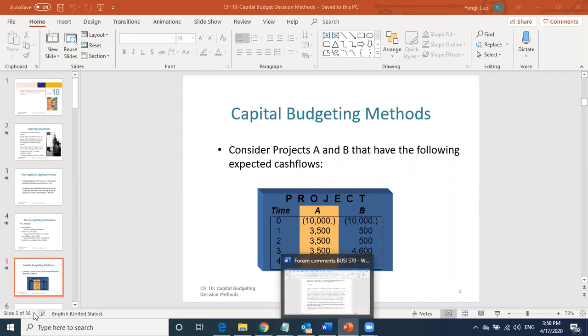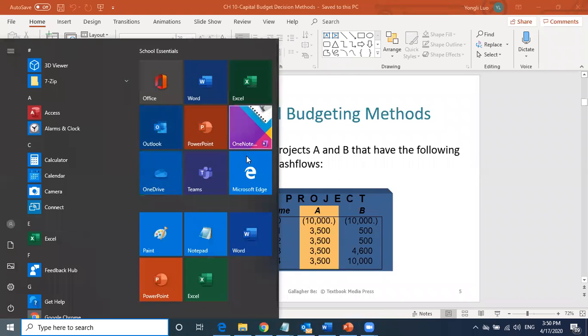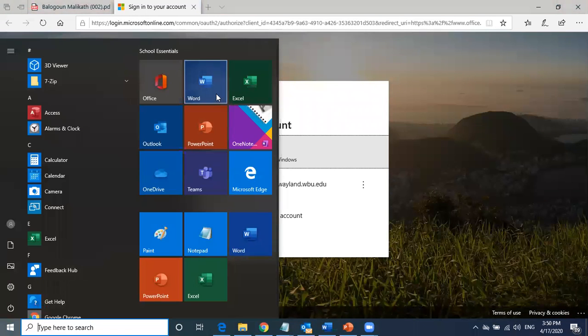Let's open that Excel spreadsheet. You have 2 projects.